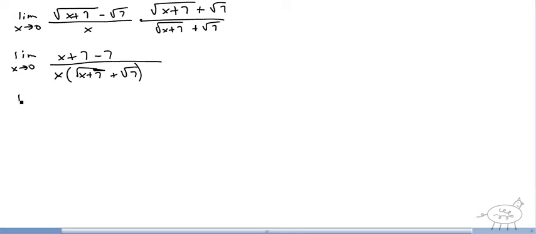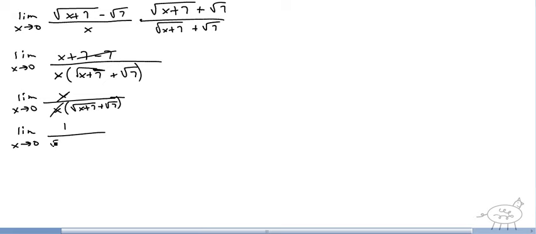So I get the limit as x approaches 0, they cancel, and I just get x over x times the square root of x plus 7 plus the square root of 7. Now the beauty of this is the x's cancel, and I wind up just getting the limit as x approaches 0 of 1 over the square root of x plus 7 plus the square root of 7.